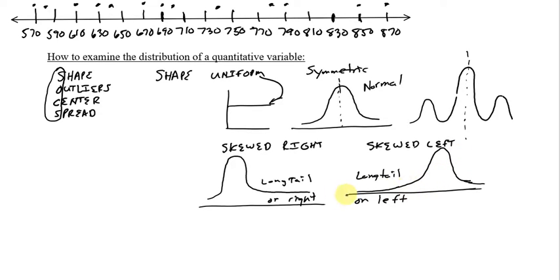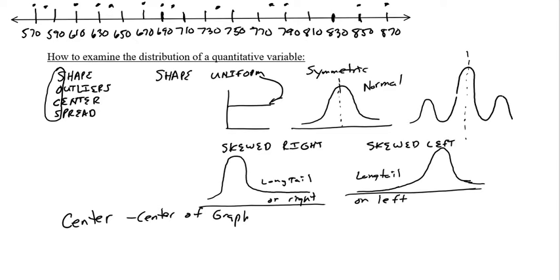Okay? So center is the next thing we would look at. Shape, center, and spread. So center, just the center of the graph. More later on we'll get into more detailed ways of looking at it, but just look for the center number. It looks like it's the middle number of the graph, or close to the average of the graph for now.